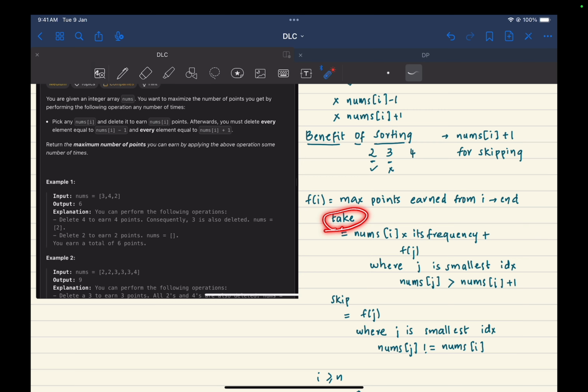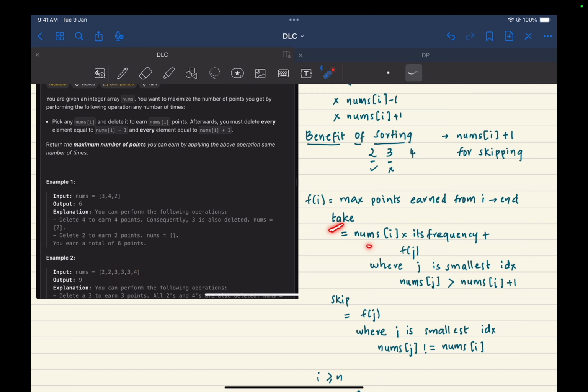If I choose to take a particular element, let's say in this given input array, if I choose to take 3, that means I have to take all the other 3s, right? And then I have to skip the numbers which are basically 3 plus 1. So that is what I have written.